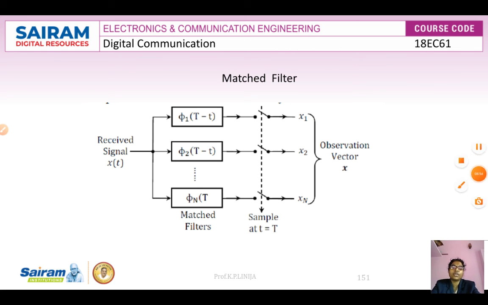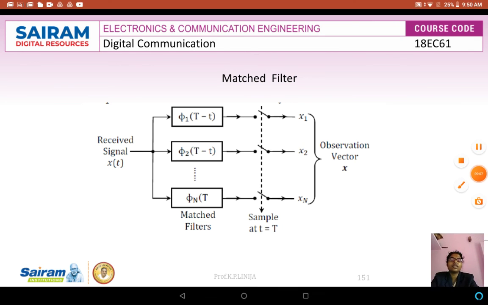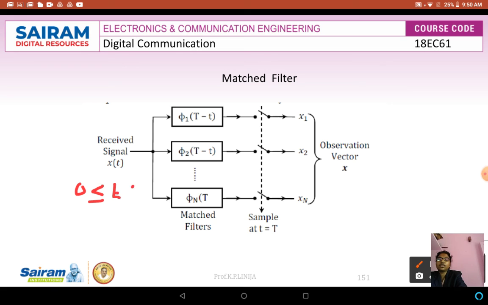Here we are using the sampling function in such a way that at time t is equal to capital T, since the received signal x of t is bounded in the interval 0 less than or equal to t less than or equal to capital T, the sampling takes place at t is equal to T. Accordingly, the switch will open and close, and it will be closed whenever the sampling instant t is equal to T. Therefore we will obtain the exact vector x1 in the proper way.